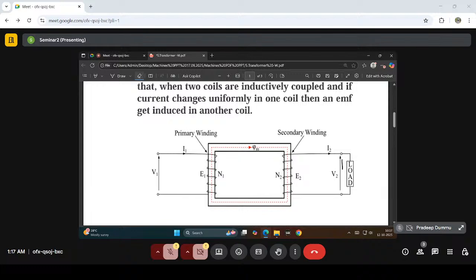With equal turns, the output equals the input: 220 gives 220, 440 gives 440. So we have explained with equal turns. If you want step down or step up, change the design. Change to more turns and fewer turns. What kind of transformer is it? More turns, fewer turns: step down transformer.